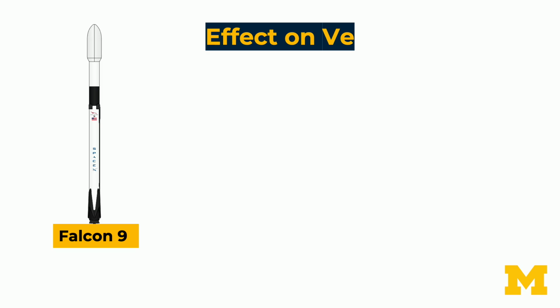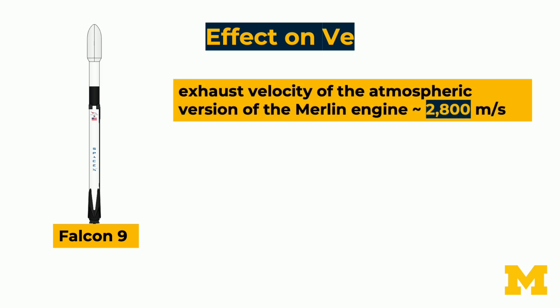If you see a picture of a rocket operating in space, the plume is very big and puffed out. That's because it's designed to work really well in space, and so you maximize the exhaust velocity. If we look at a Falcon 9, the first stage uses an atmospheric version of the Merlin engine, and its exhaust velocity is around 2,800 meters per second, pretty close to 3,000.